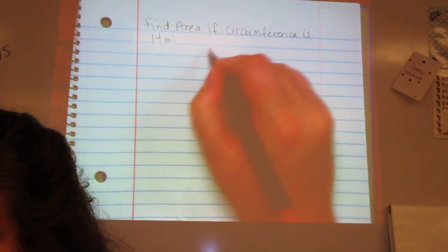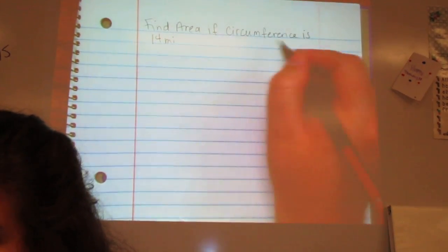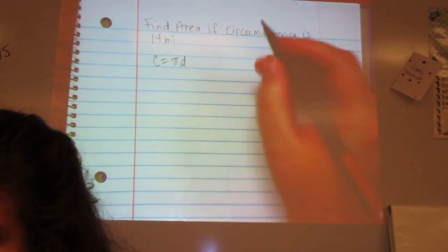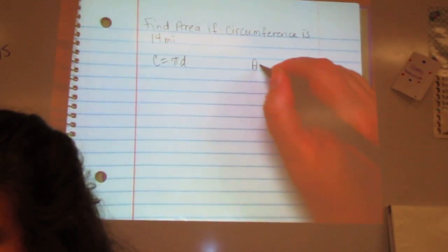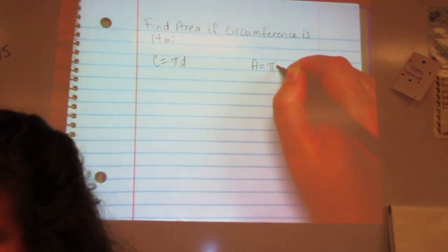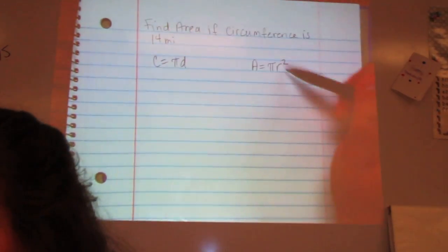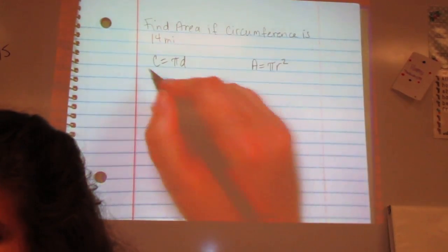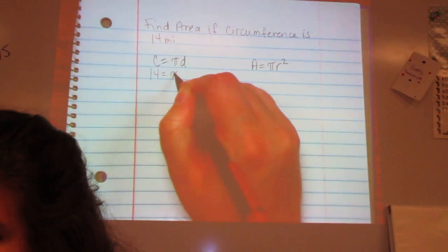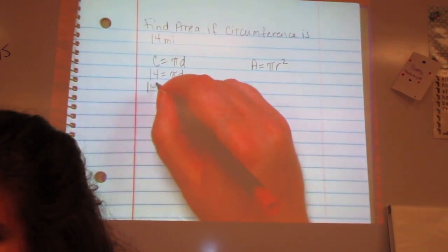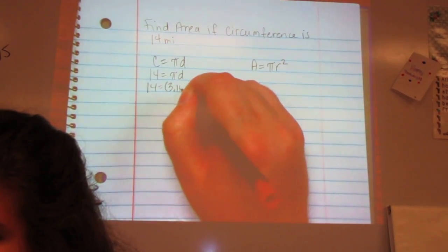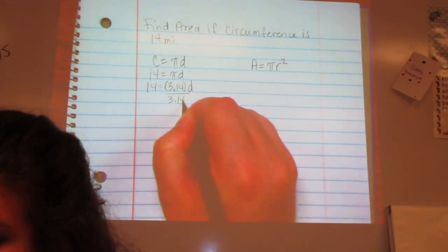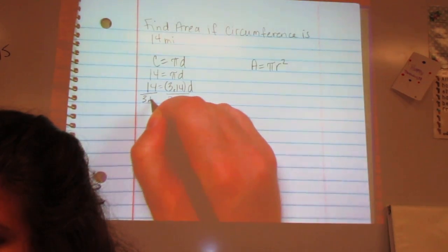So my circumference, I'm going to use my formula. I am given circumference, so the circumference formula is pi times diameter, but I want my area formula. I want area is pi r squared. Well, I need to figure out how to get from here to here. Well, they gave me my circumference. I know pi is 3.14 times diameter, so I'm going to do my inverse operation on both sides.